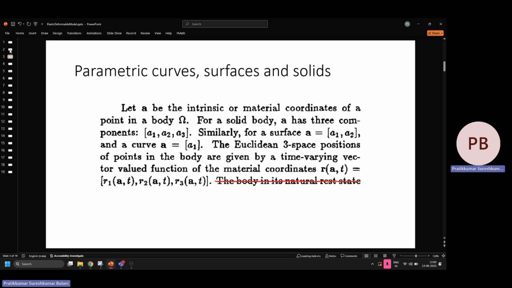Using those parameters, you are converting it to a 3D position, using R1, R2, R3. R1 will give you the X coordinate, R2 the Y coordinate, and R3 the Z coordinate.